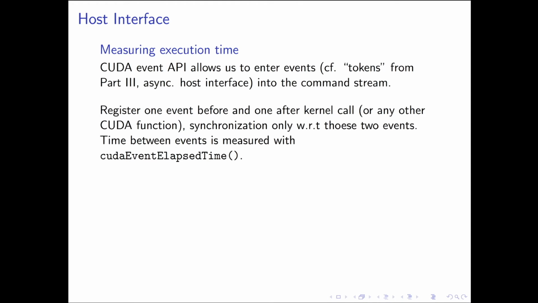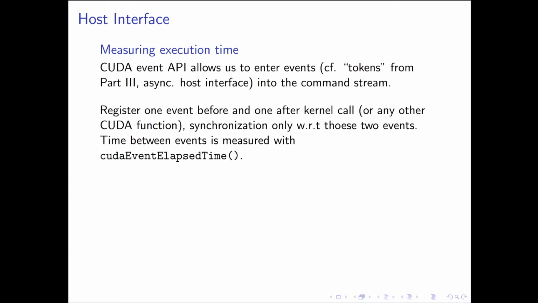And the CUDA Event API basically sees us entering two tokens in the command stream, what we formerly called the command stream when we talked about GPU architectures. We enter one token into the stream right before the kernel or the kernels that we want to measure. We can measure the time between arbitrary commands, and then we enter a second token right after the execution finished of the kernels that we're interested in.